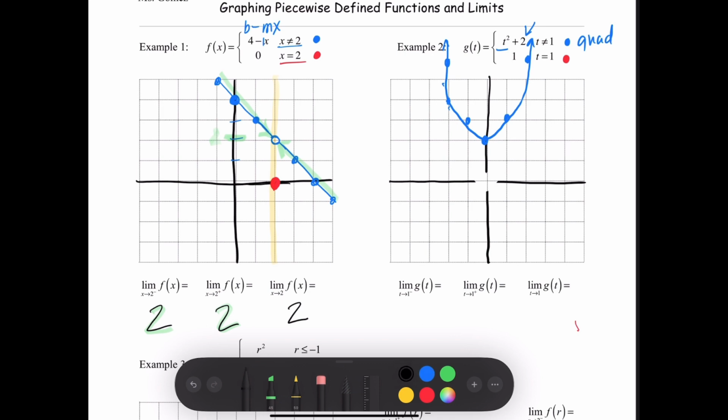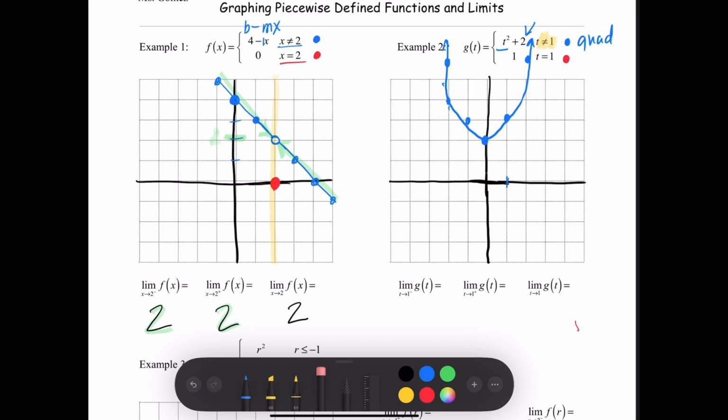Okay, so remember that this quadratic is going to exist on all of my x values, or t values in this case, except for t equals 1. So when t is equal to 1, I cannot have a value there, because my domain tells me t cannot be equal to 1, right? So I'm going to find my value of 1, which is right here.